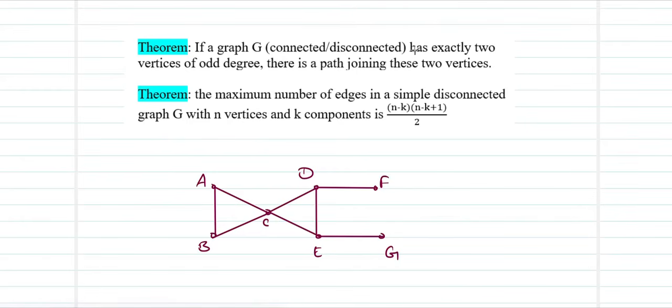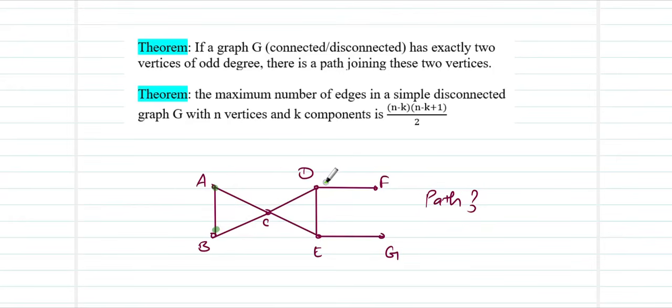Now, if there is a question like, consider the following graph. Do you think there is going to be a path existing in this graph? We will see. If there are going to be exactly two vertices of odd degree, there is a path between these two vertices. So we see that over here, this is going to be of 2, 2, 1, 2, 3, 4, 1, 2, 3.